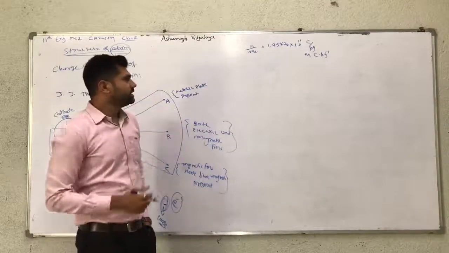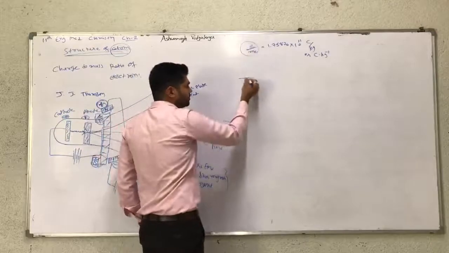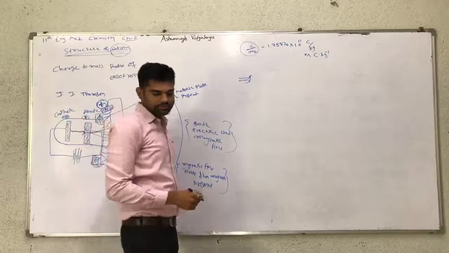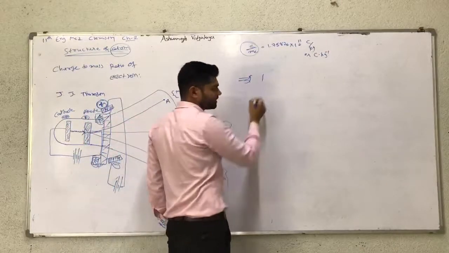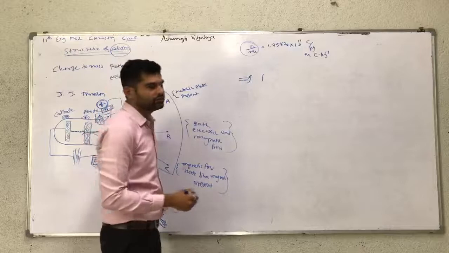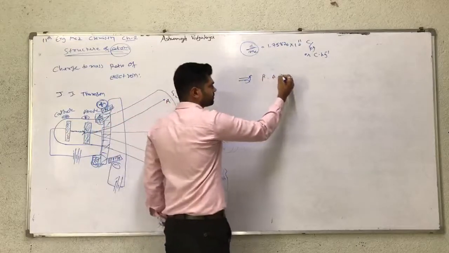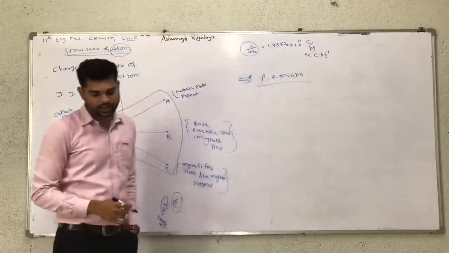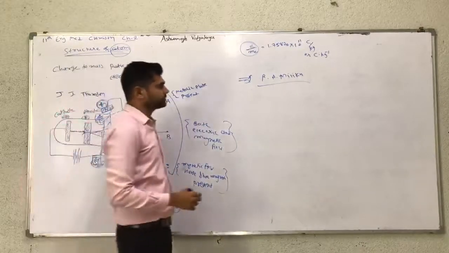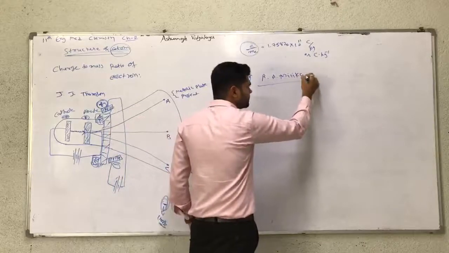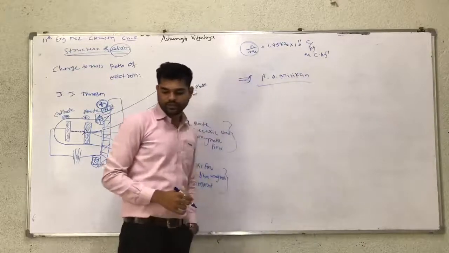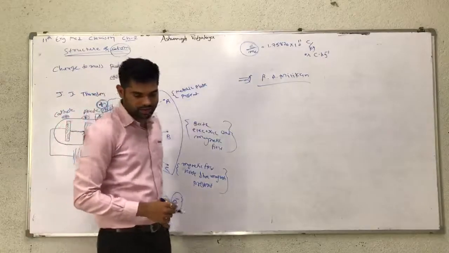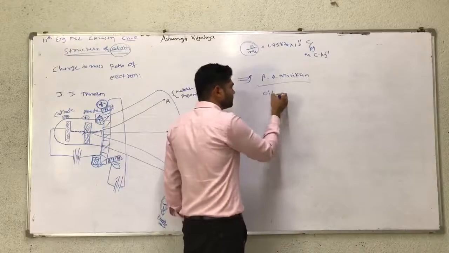Now, using this ratio, another scientist, R.A. Millikan, took another experiment, and this experiment is named the oil drop method.